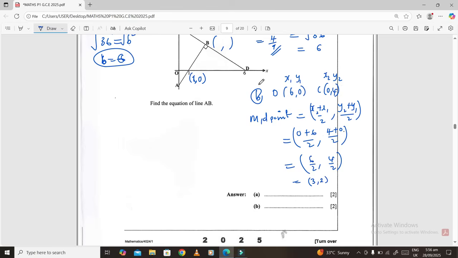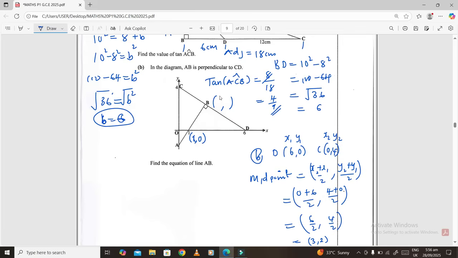So now we know the coordinates, that okay, the coordinates here, it's a 3, 2. We can now use the formula of finding the equation of a straight line. Actually, before we do so, we can find the gradient by saying m is equal to y2 minus y1 over x2 minus x1.